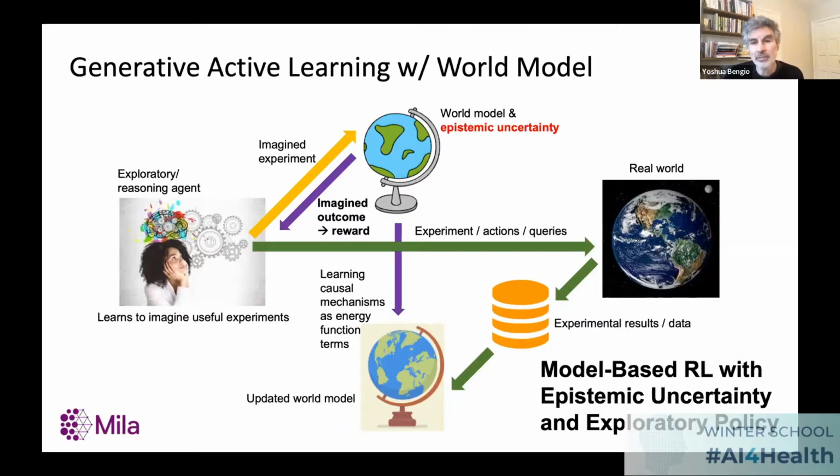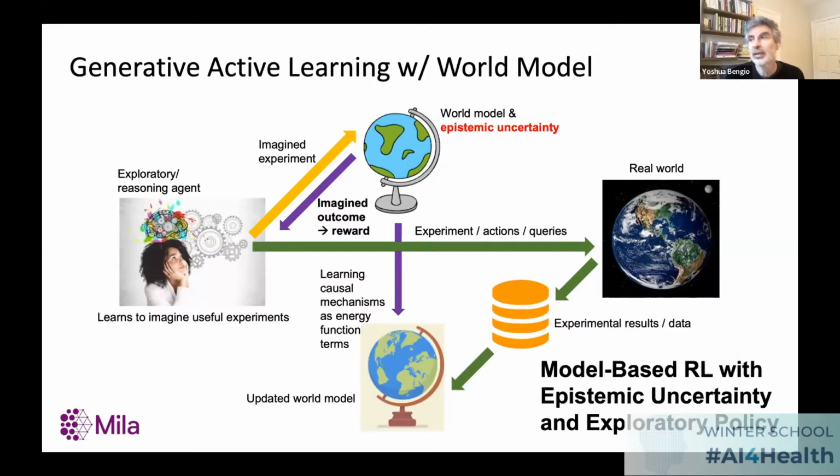So it's not going to be based directly off of doing the actual experiment in the real world. The way we're going to train that generator, that policy, is by trying it in our mind, in the computer, if you want. And we're going to use the world model and its epistemic uncertainty to come up with a reward function, a quantity, a scalar that tells us, oh, this would have been a good experiment if we had done it, right? We could have learned a lot from it in the real world.